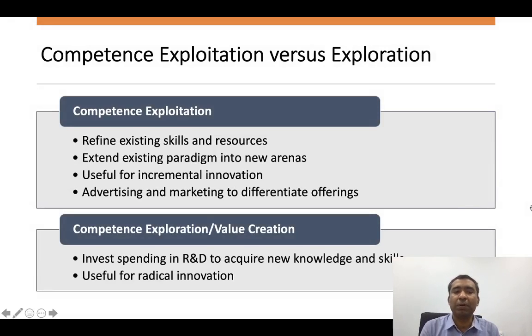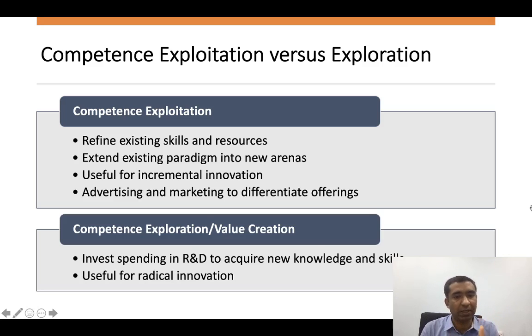If I talk about competency exploitation, it means that your skills are more refined. You try to refine more and more, extending the existing product into a new market. You try the existing competency in the new market, and you can increase the level of innovation through incremental innovation.